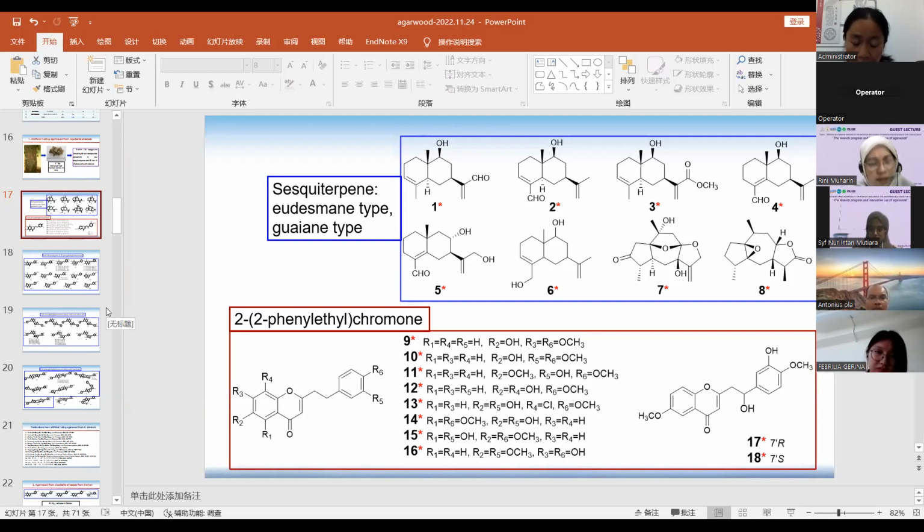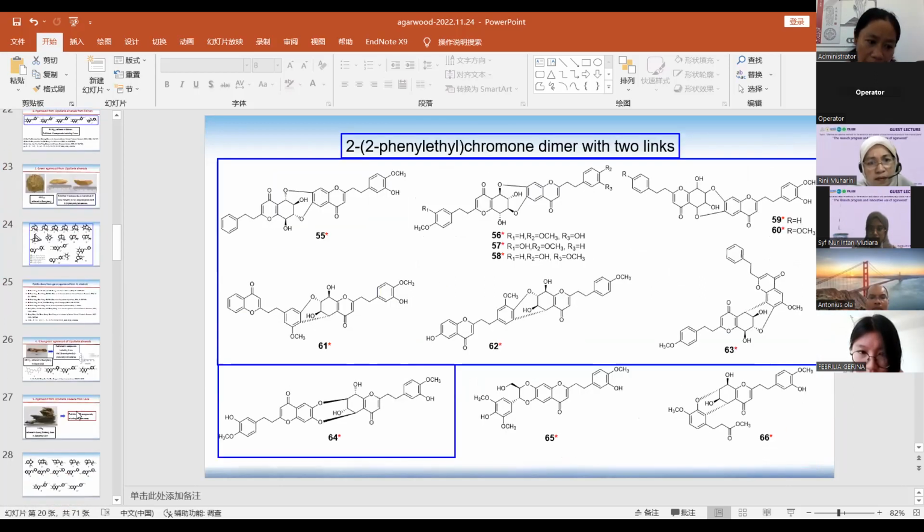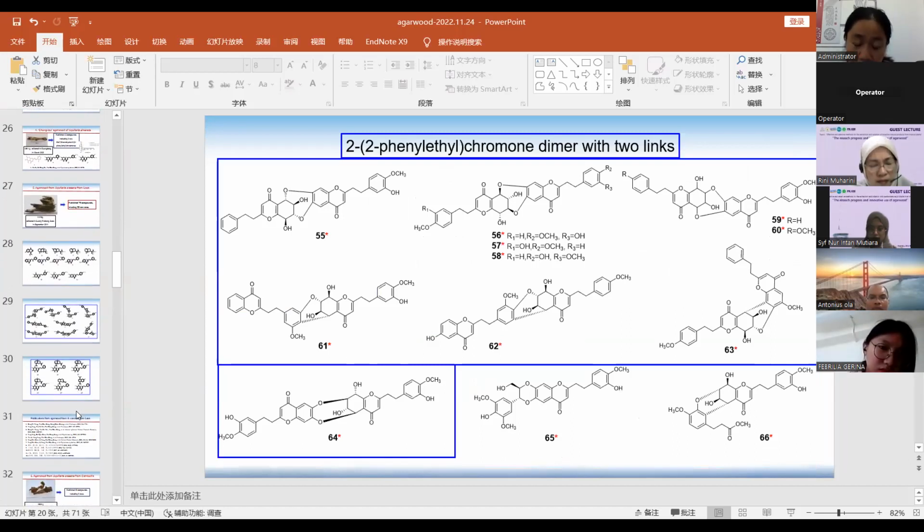Even though Qinan agarwood grows a short time, the content of these two chromone compounds is also very high, but for the normal agarwood, even with a long time, the quality is still lower. So in this case, we can say that for a different time, the major compound should be similar, but you have some smaller differences.